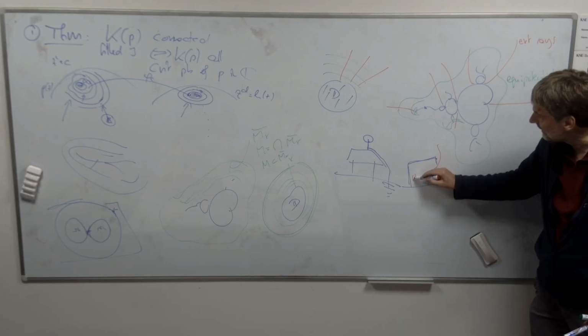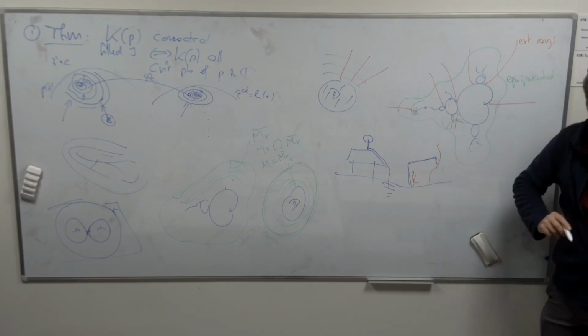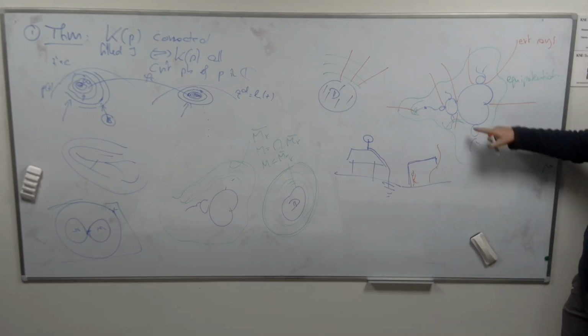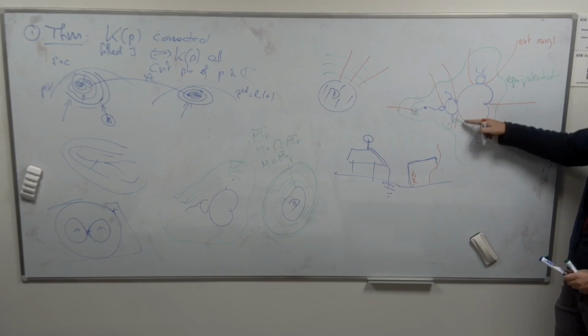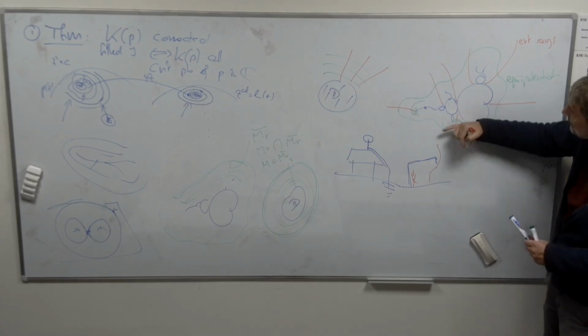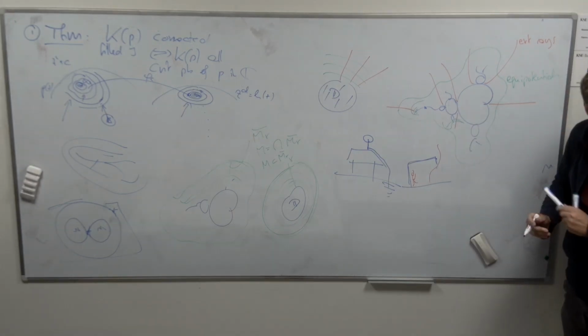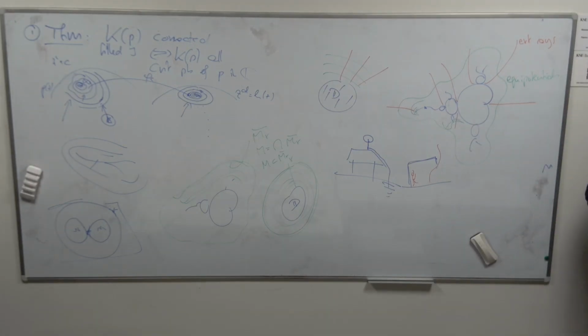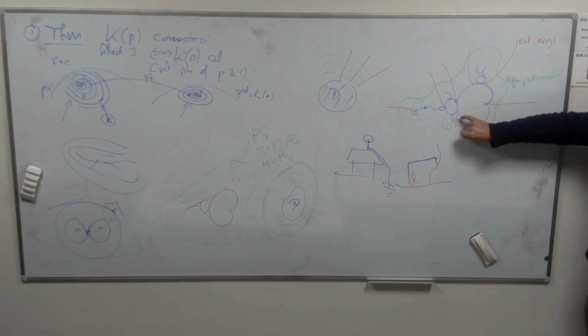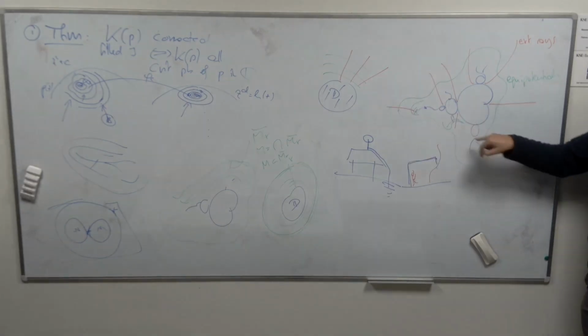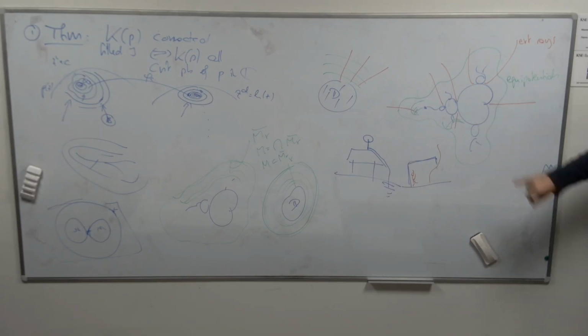So if you're in here, you're safer. And this is comparable here. You will see that the potential lines stay far away from this touching point, and therefore there isn't much field strength. It will not break through here before it is broken through somewhere else. So go to these spots.